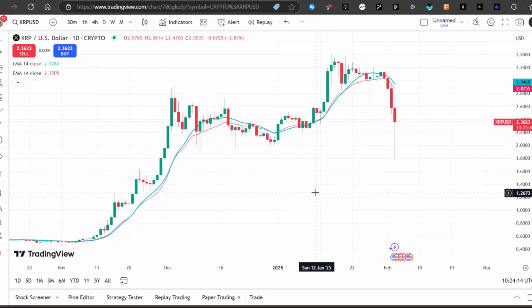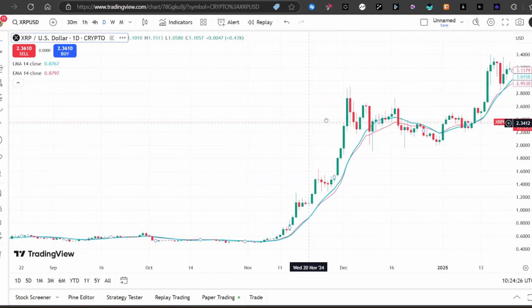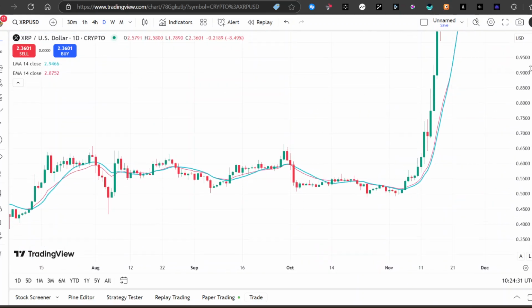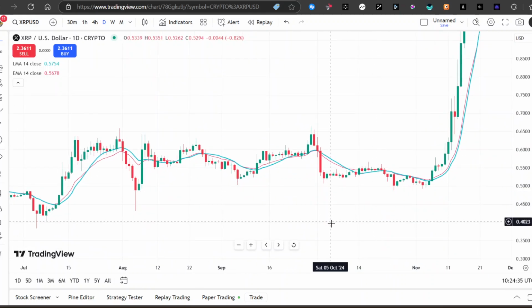So now, as for the exponential moving average, it gives more weight to recent price action, making it more responsive, but it can be too sensitive in choppy markets. Okay, when it comes to choppy markets, the EMA can be too sensitive, and that can lead to false signals.